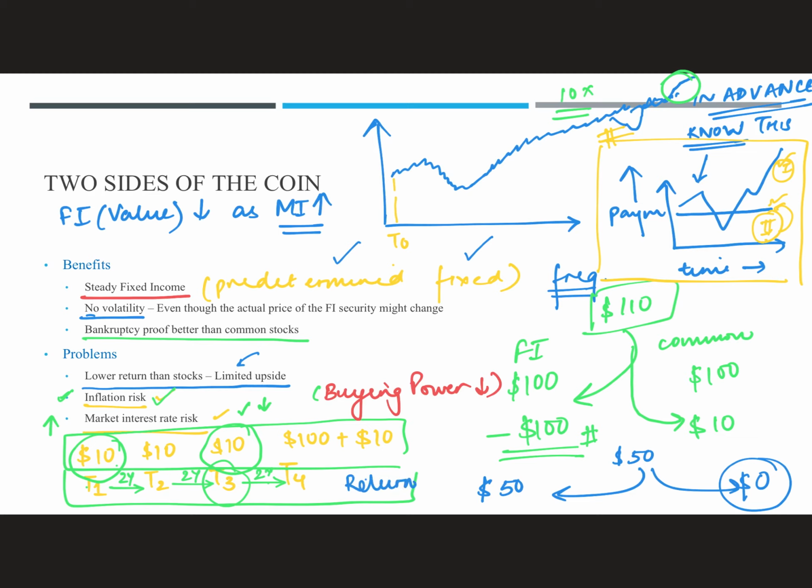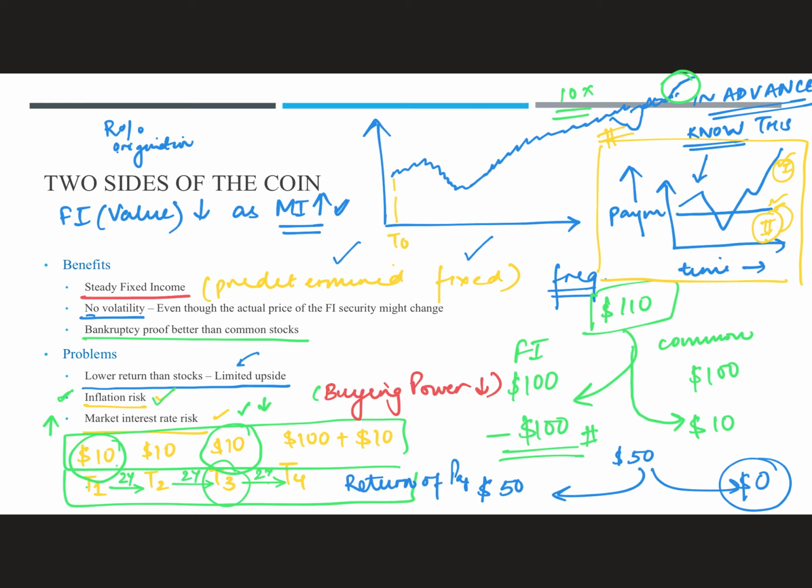So the return on the payments is fixed. If the market interest rate increases, which means the market is giving you more interest on other kinds of securities, and this fixed income product is still giving you that fixed rate of interest which you booked at origination, then nobody is going to buy this security from you, because they can invest the same amount of money somewhere else and get higher returns.